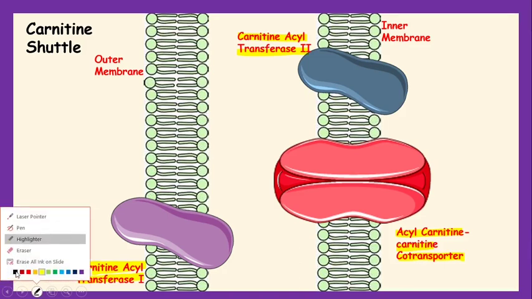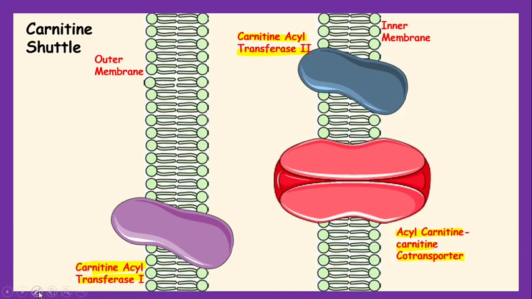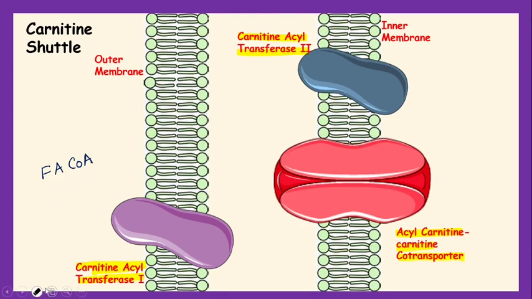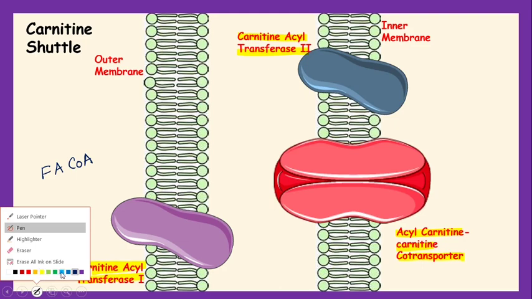Over here we have the fatty acyl-CoA that we already saw in the cytoplasm. Now with this fatty acyl-CoA, what's going to happen? There will be one molecule known as carnitine.